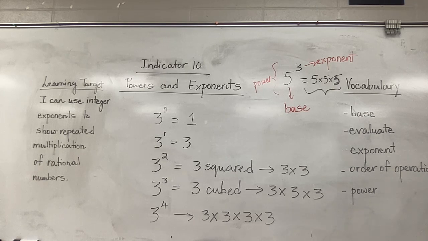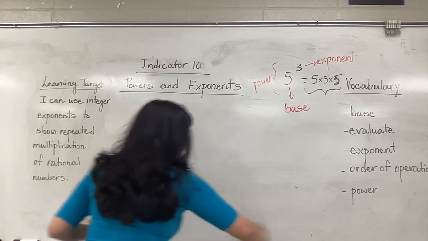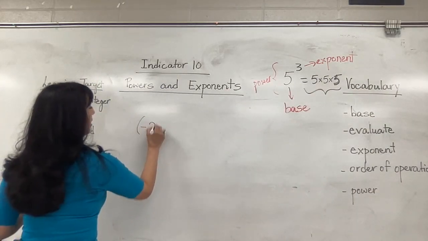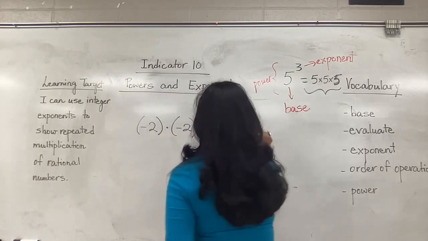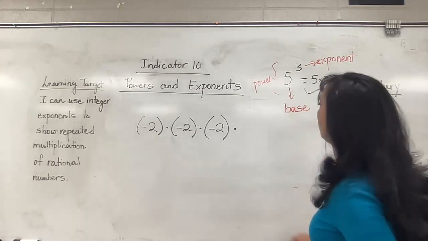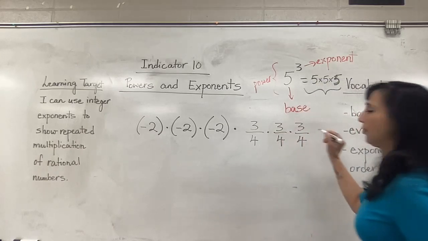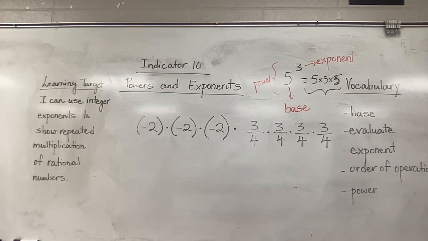So first thing, let's say I give you a problem: -2 times -2 times -2 times 3/4 times 3/4 times 3/4 times 3/4. This is my question: write the expression using exponents.